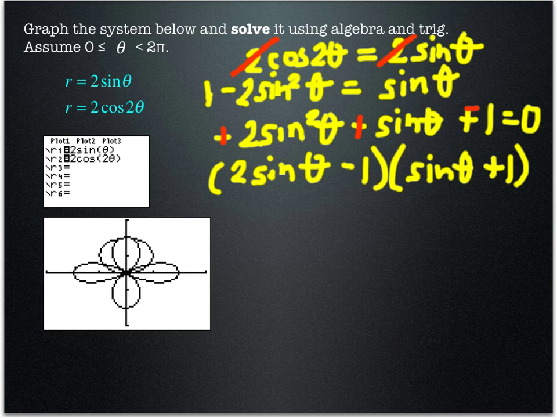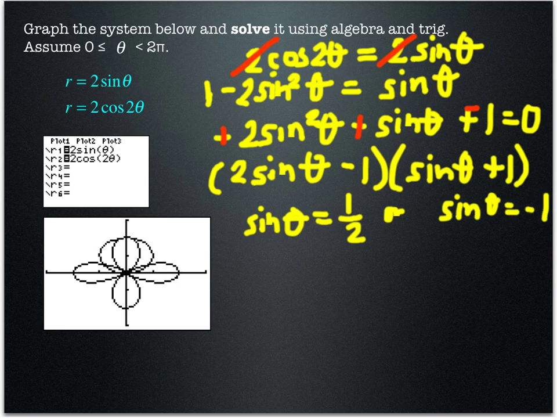And when I set each of these parts equal to 0, remember that's one of the things we like to do when we factor, I'm going to get that the sine of theta is positive 1/2, or the sine of theta equals -1. And I should be able to solve this fairly easily. Notice this is between 0 and 2 pi, so I'm not really restricted on my circle chart.